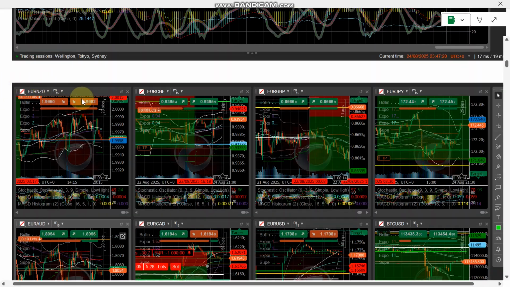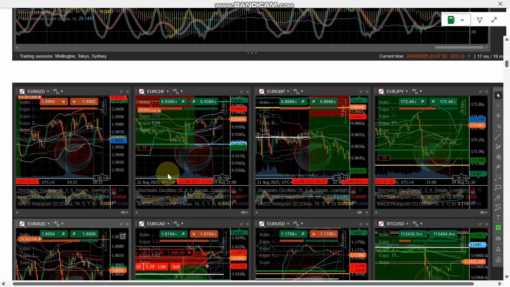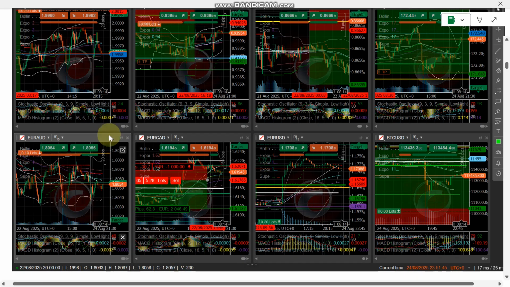What this is across the board of Euro pairs on 15 minutes, because this is a single pair, but now I show the correlation in 15 minutes, why I put buy and sell limits here and there. I don't have time to explain this, but just look roughly at which pair is up, which pair is down. I use the mid Bollinger band line to gauge which pair is up.